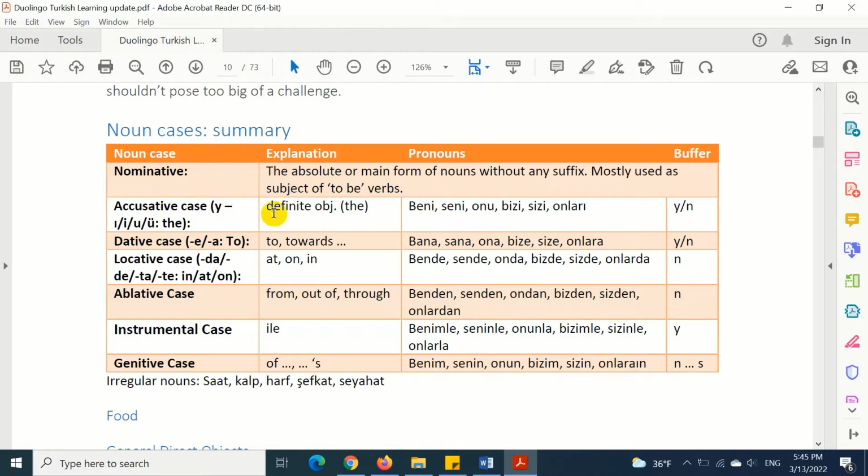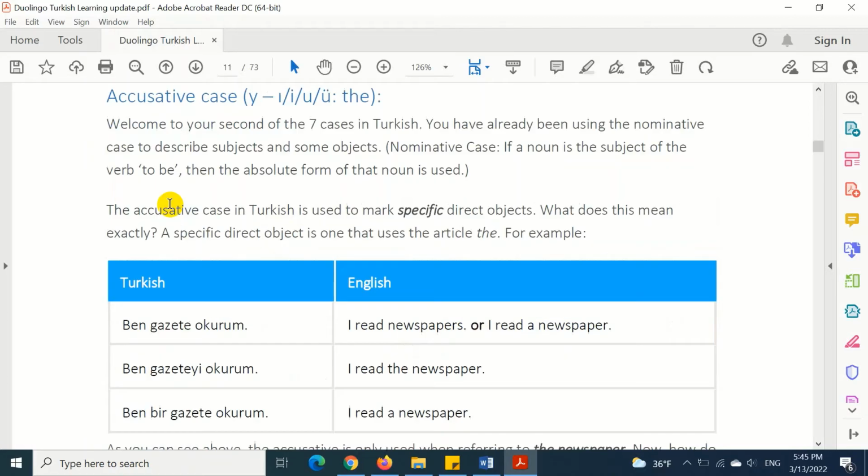Accusative case. It is used when a noun is used as a definite object. Whenever the noun functions as a definite or direct object, we use the accusative case. For such cases in English we have the: when a noun is clear, or when a noun is a direct, specific object, we use the in English.